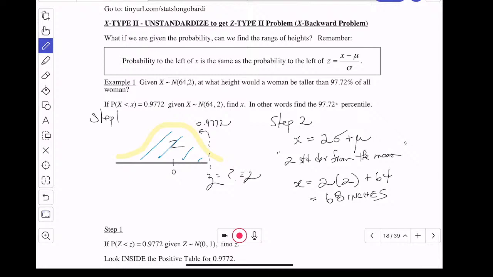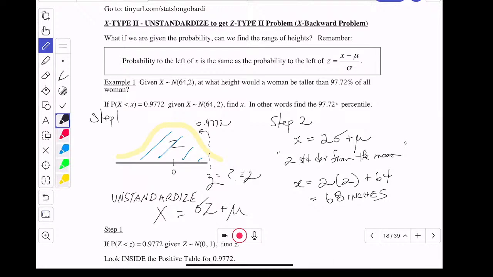I refer to this as unstandardizing. So we unstandardize. To get big X from Z, you take sigma standard deviations from the mean.